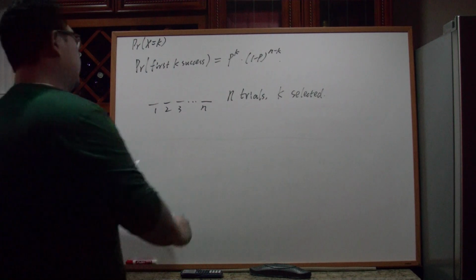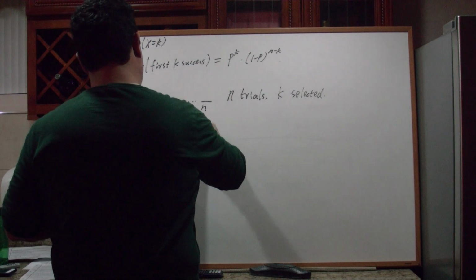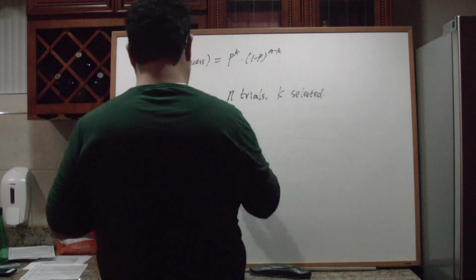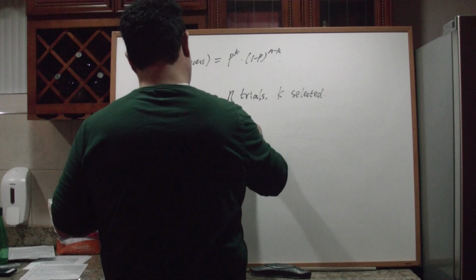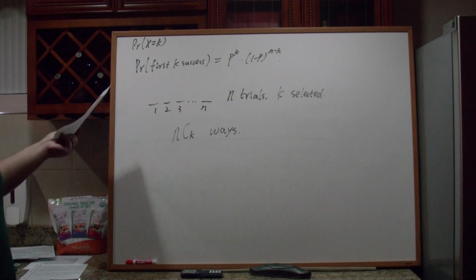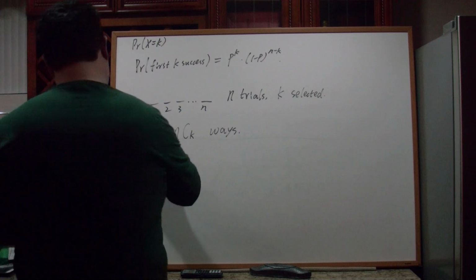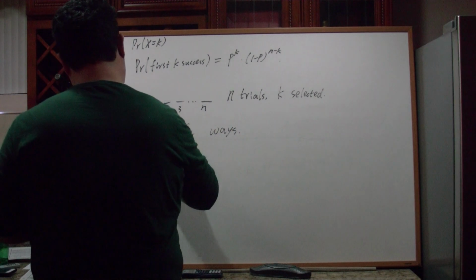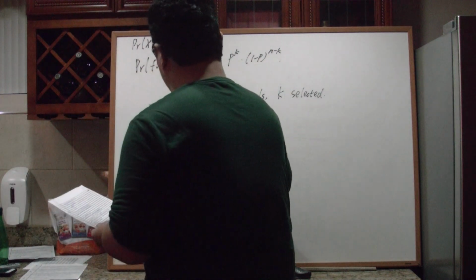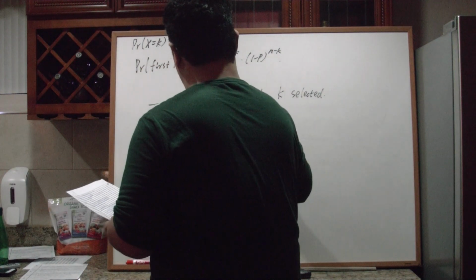Right, so the way we select is n choose k ways for the k different successes to happen. Therefore, the probability of X equals k is the same probability repeated n choose k times.